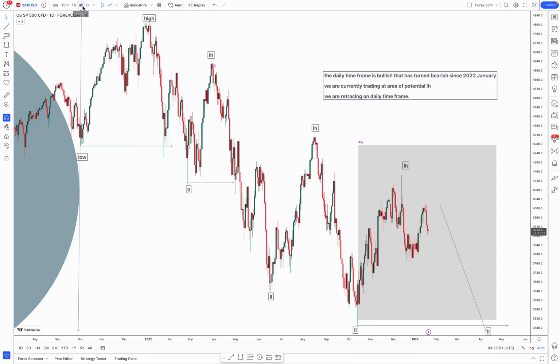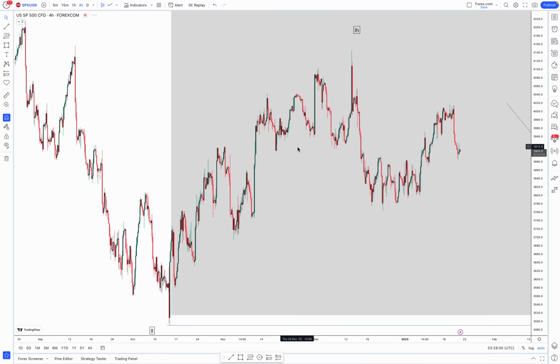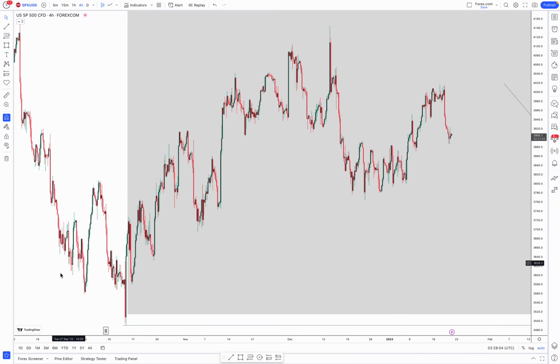All right, let's go to the 4 hours. And we're going to go to this gray area. Okay, so we got the gray area. The most significant structural points on the green area start from here.